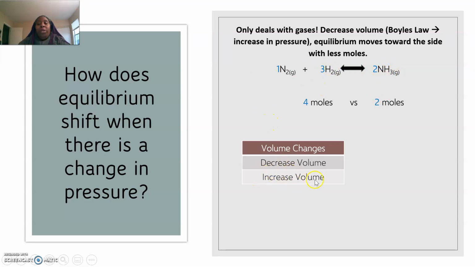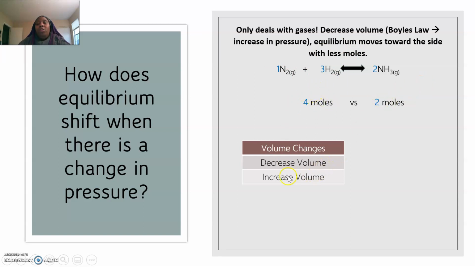In the other situation, if I increase volume, which means a decrease in pressure, there is tons of space. Because of that, the reaction is going to shift toward the side that has the most moles. Looking at our equation, it's still 4 moles and 2 moles.